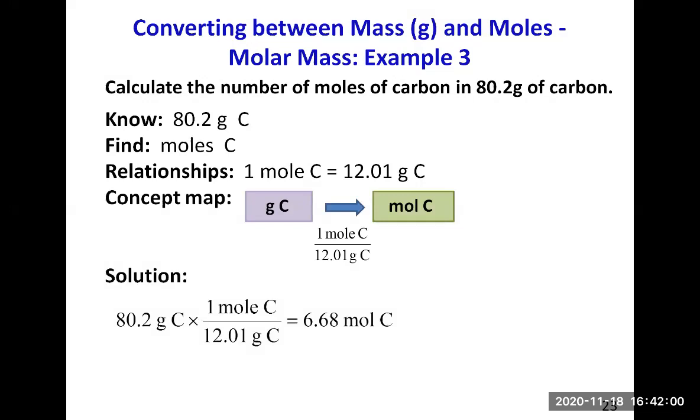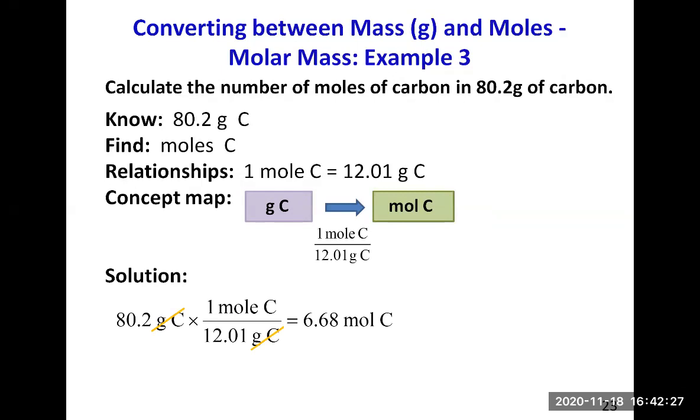You will take your given amount of 80.2 grams of carbon multiplied by 1 mole of carbon over 12.01 grams of carbon. This way the grams of carbon cancel. And you do 80.2 divided by 12.01, and that's 6.677768, etc. That's the calculator answer.